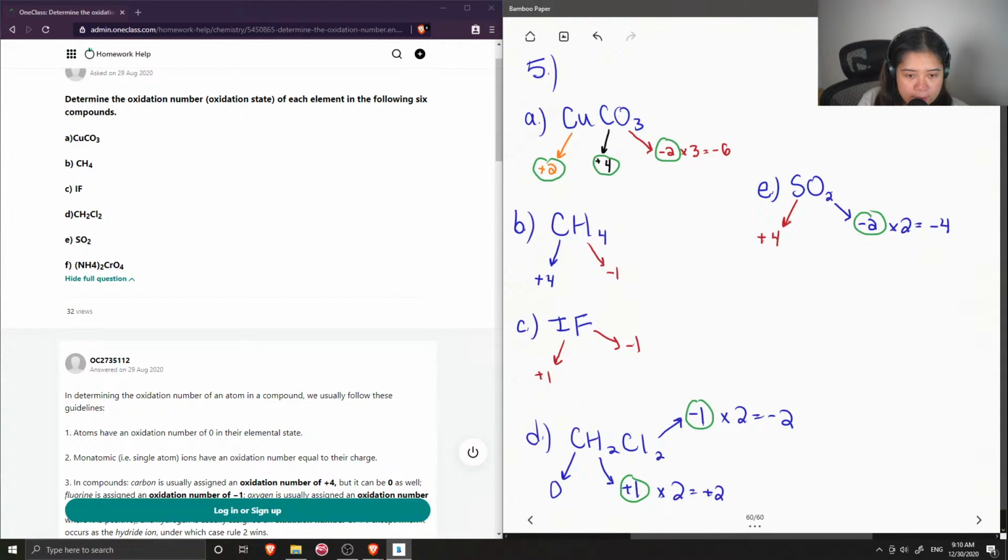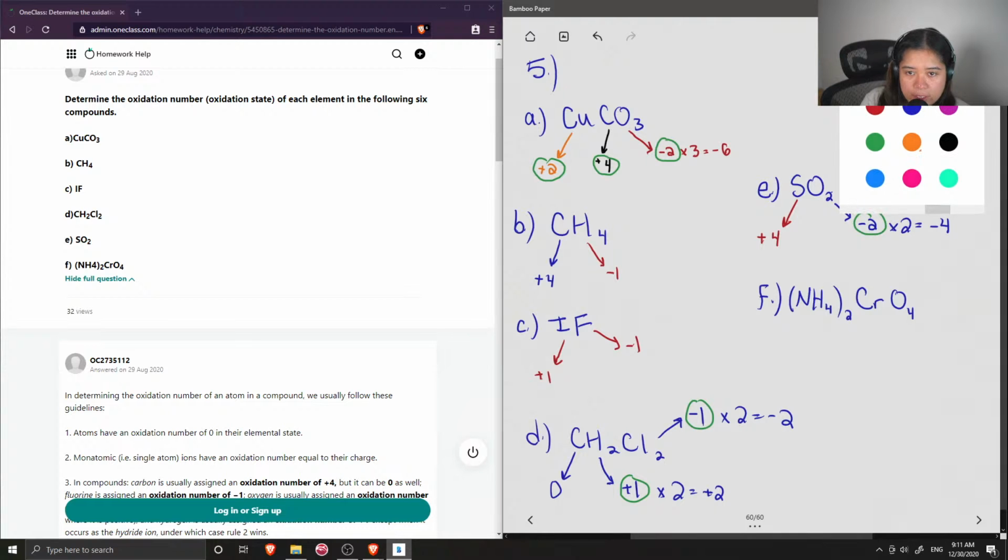And then lastly, we have NH4 ammonium chromate. Okay, so this example is a little more tricky, but it's easier if we separate them into their ions.